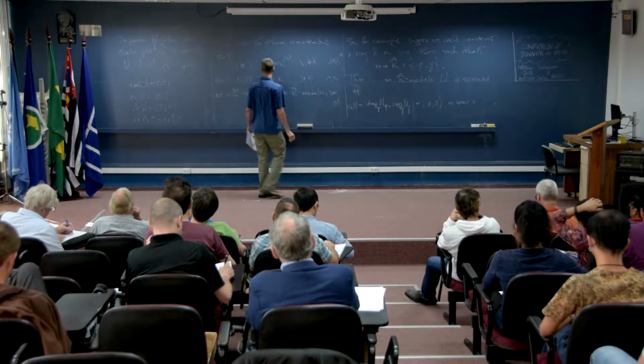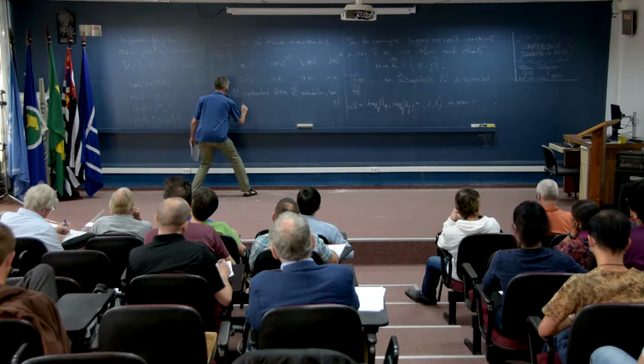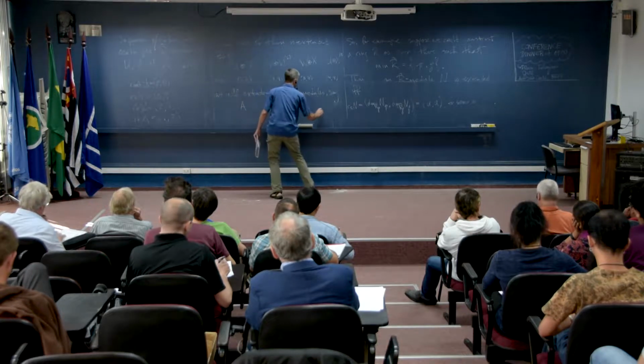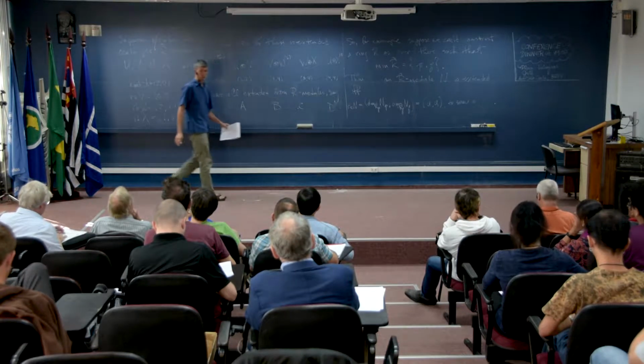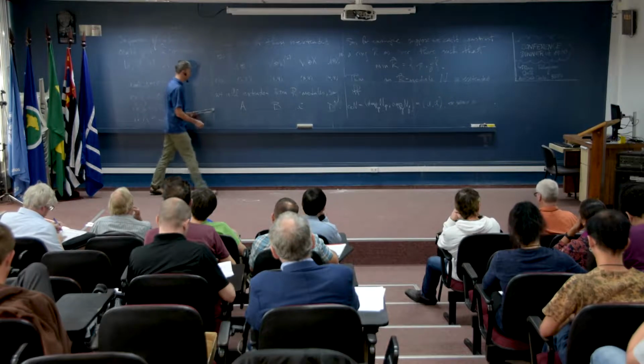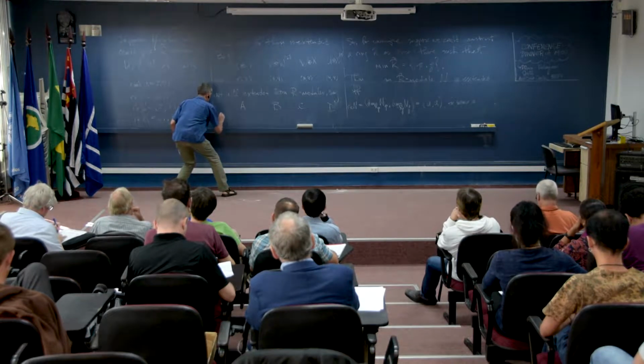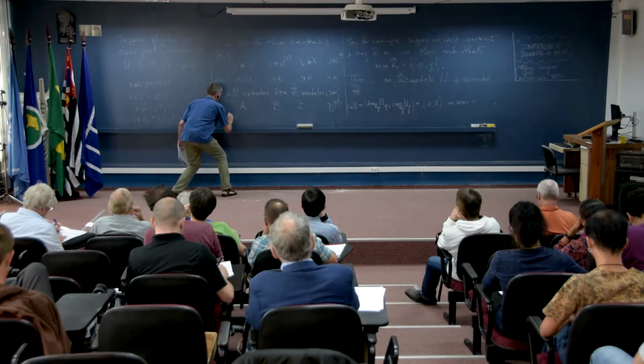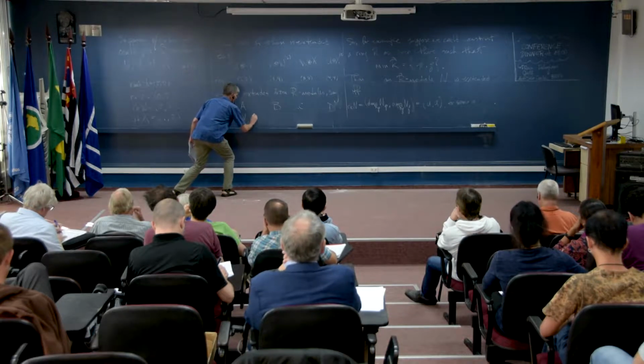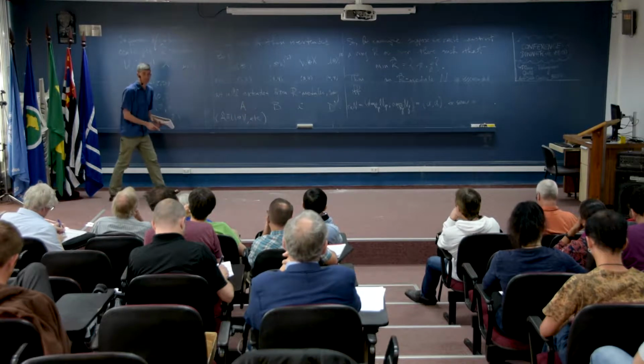Let's say A and B and C and D. So in other words, the completion of A is isomorphic to U direct sum V, and so forth.